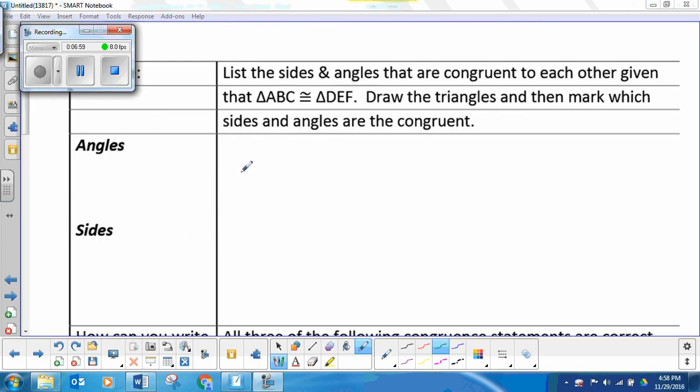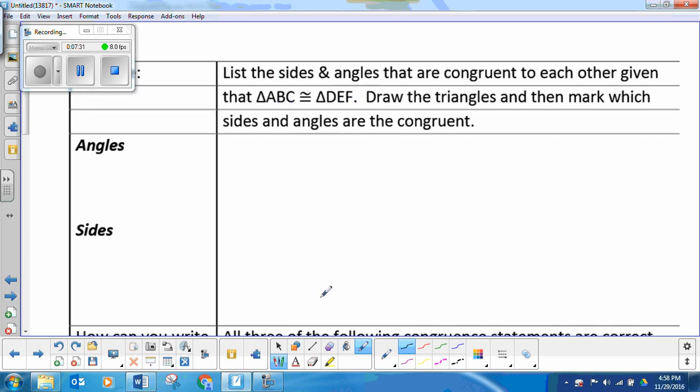And you'll see an example. It states, list the sides and angles that are congruent to each other given that triangle ABC is congruent to triangle DEF. Draw the triangles and then mark which sides and angles are congruent. So I'm going to do the first set of angles, and then I want you guys to complete these after I walk through a couple of different examples on this. Let's take a look at our congruency statement. We have triangle ABC is congruent to triangle DEF.